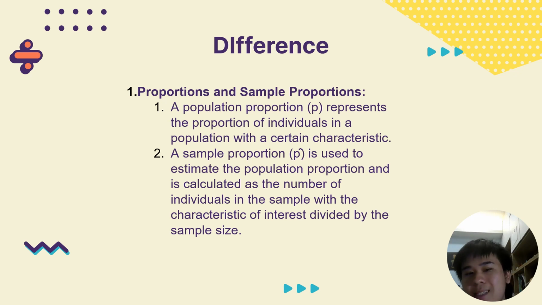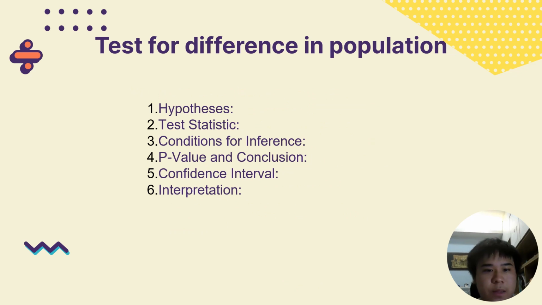On the other hand, sample proportion p hat is used to estimate the population proportion, and is calculated as the number of individuals in the sample with the characteristic of interest divided by the sample size. Divided by the sample size is super important.